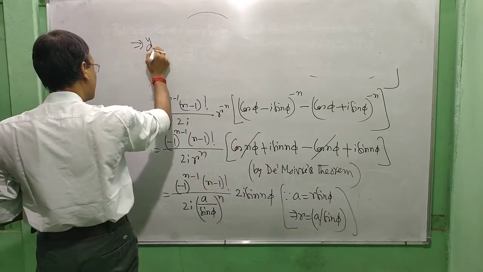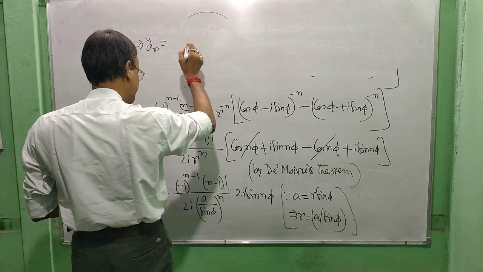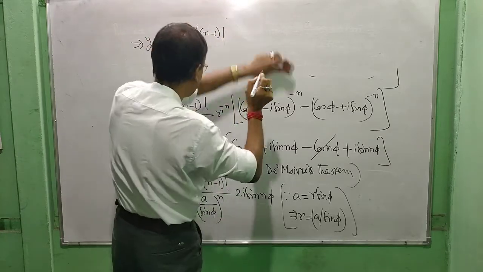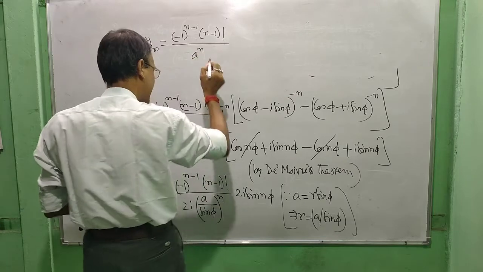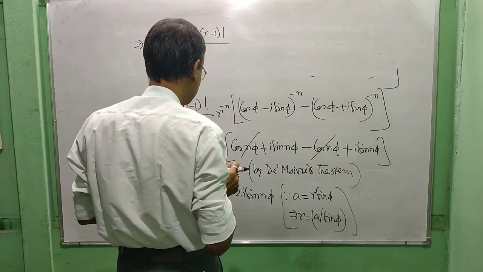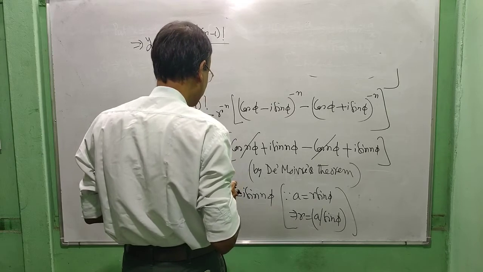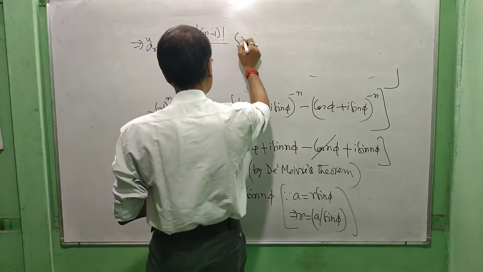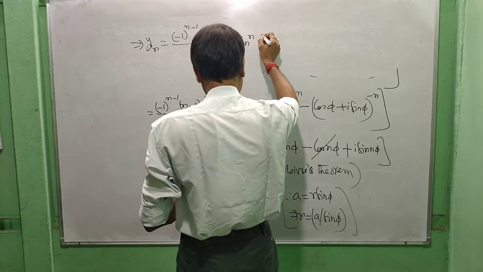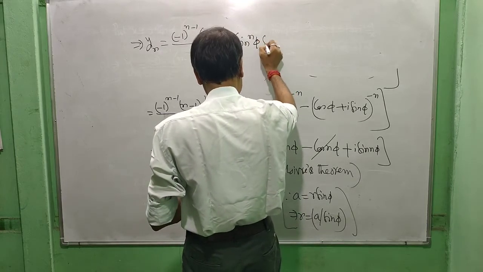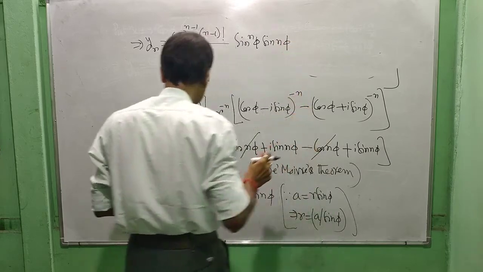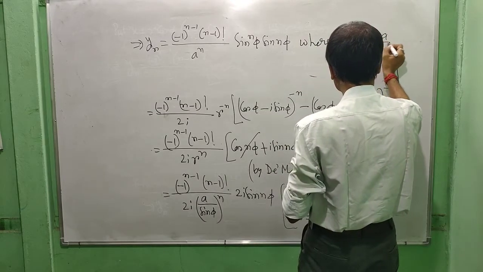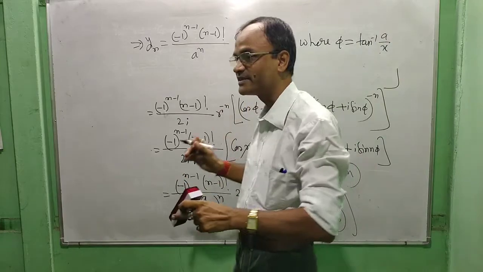This means yn is equal to (-1)^(n-1) factorial n minus 1 divided by a^n, sin^n phi sin n phi, where phi is equal to tan inverse a by x, right?